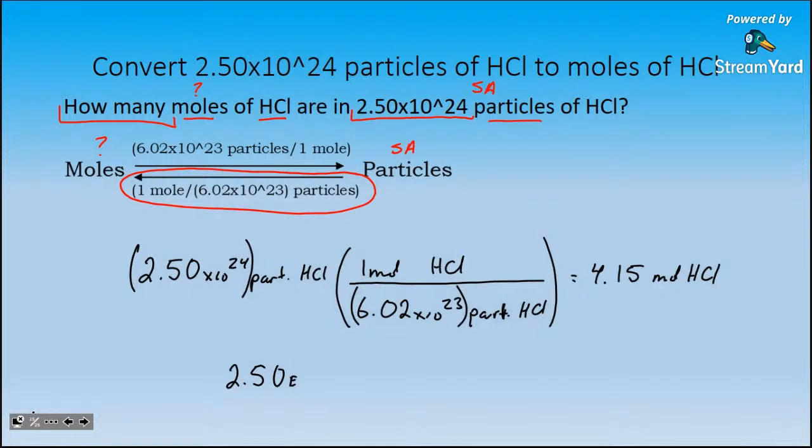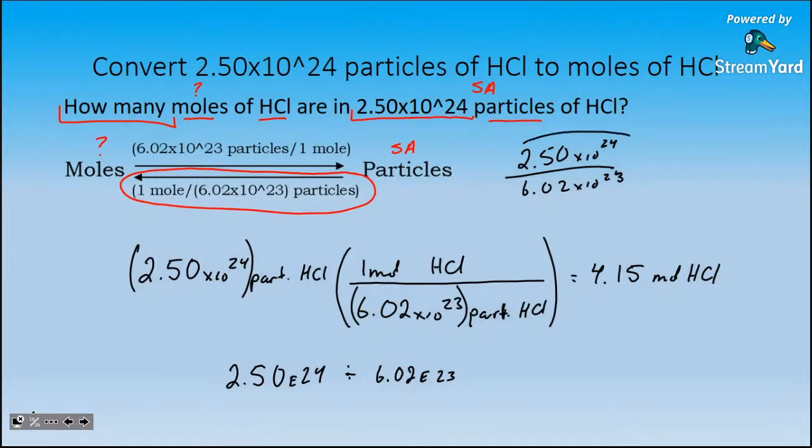2.50 E24, then divide by 6.02 E23. And the reason being is if you simply type it into your calculator as 2.50 times 10 to the 24th divided by 6.02 times 10 to the 23rd, it's going to work this problem and then divide that only by 6.02, and then it will multiply by the 10 to the 23rd, and you'll get an incorrect answer.